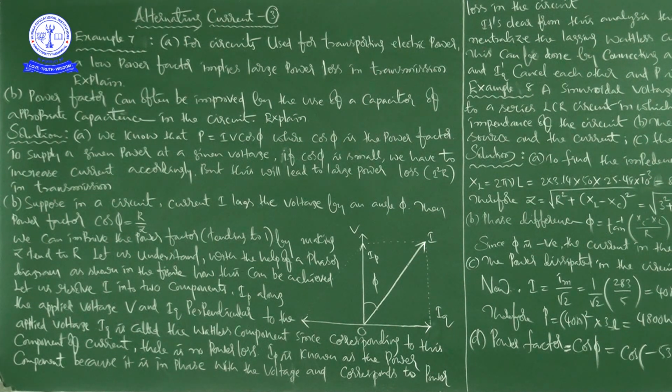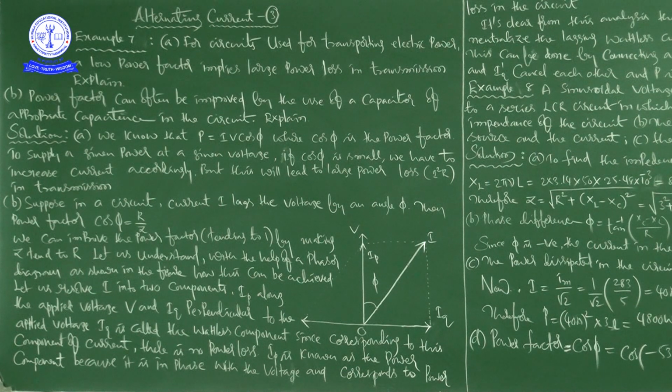To supply a given power at a given voltage, if cos phi is small, we have to increase the current accordingly. But this will lead to large power loss, that is I square R in transmission.